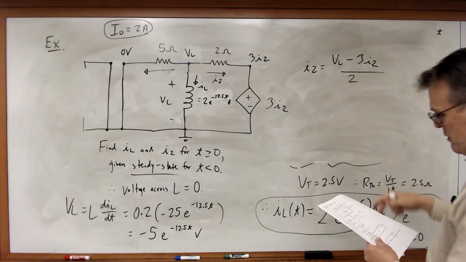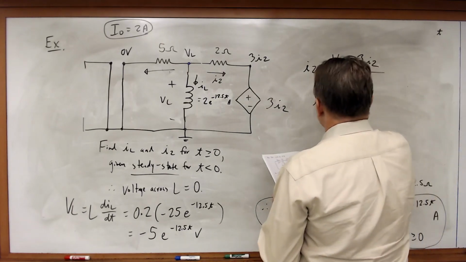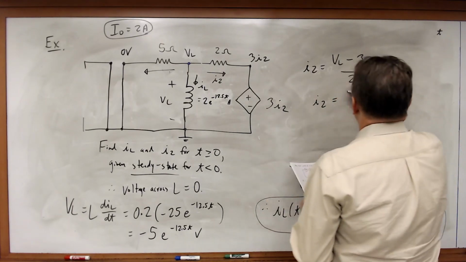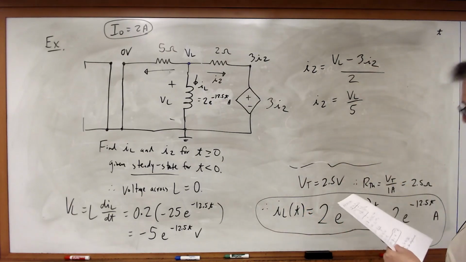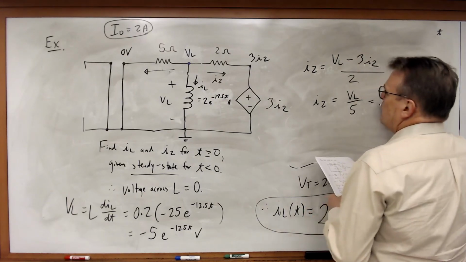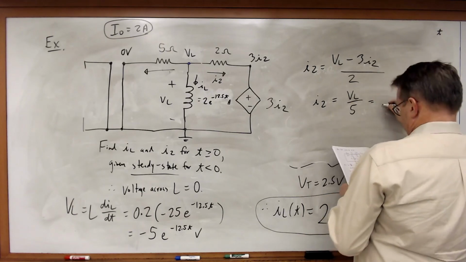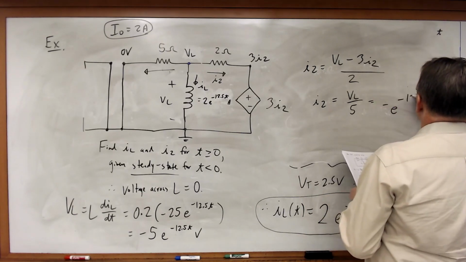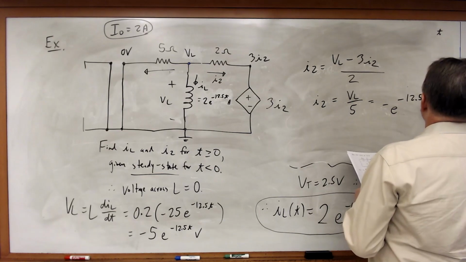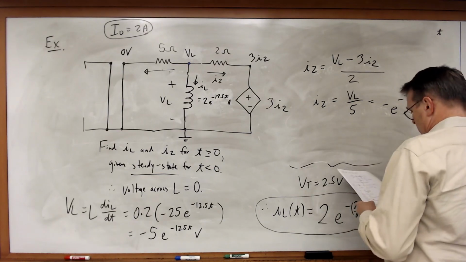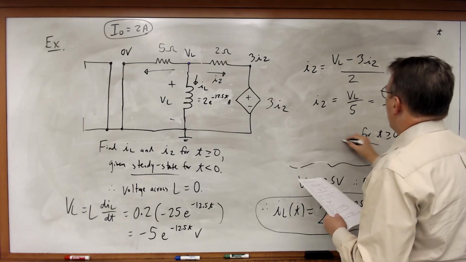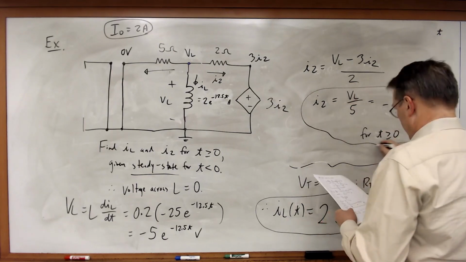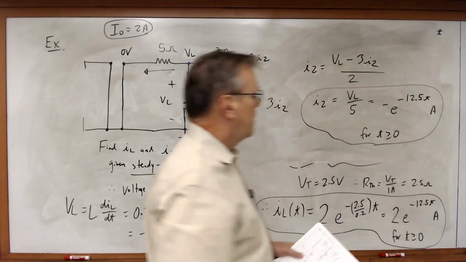Do a little bit of algebra to this, and what I will get is that I2 is equal to VL divided by 5 once I simplify terms. And therefore, this is equal to minus e to the minus 12.5 t amps for t greater than 0. And there's our result.